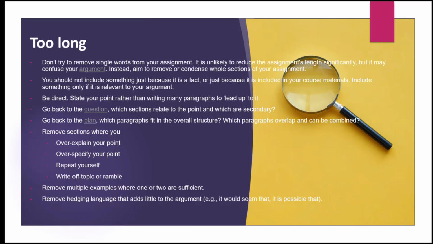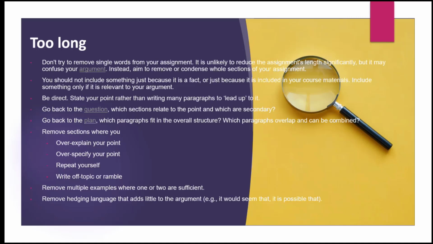Okay. Now, what do you do if you have written your work and it's too long? How do you proofread your work so that you get to that word count? When students are editing their work, a lot of the struggles sometimes come when they think, okay, my work is too long or it's too short.